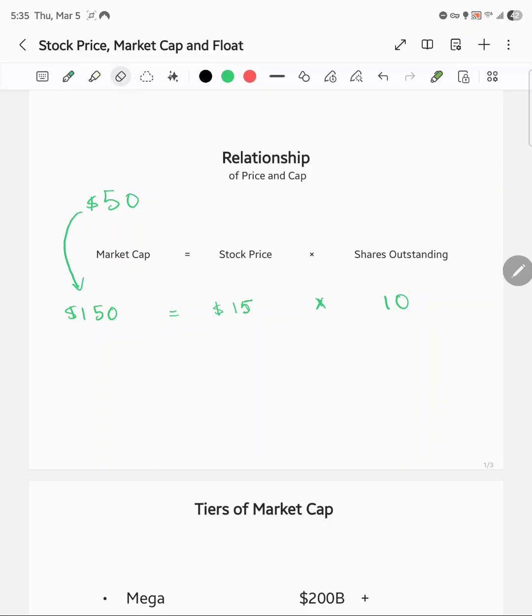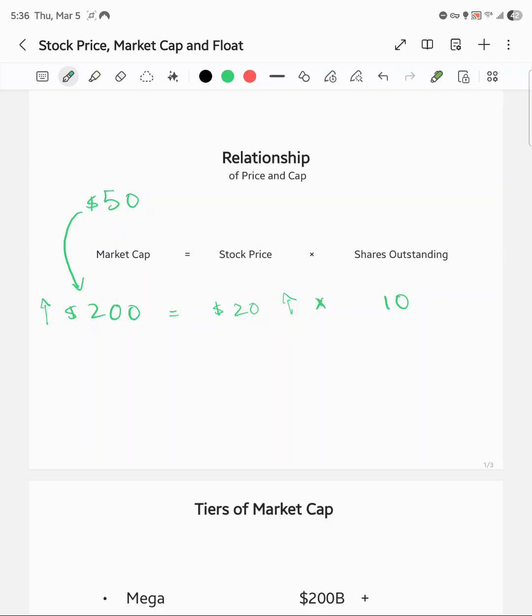So now, since the market cap just went up to 200, the price will go up also to $20. So you see the relationship of a stock price and market cap.